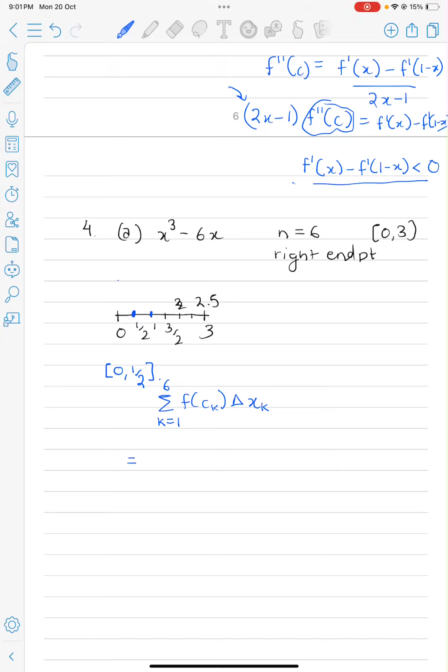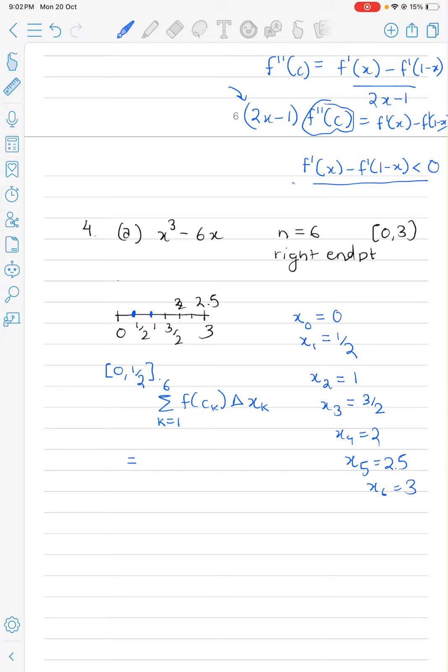So remember that x0 is equal to 0, x1 is equal to half, x2 is equal to 1, x3 is equal to 3 by 2, x4 is equal to 2, x5 is equal to 2.5, x6 is equal to 3.